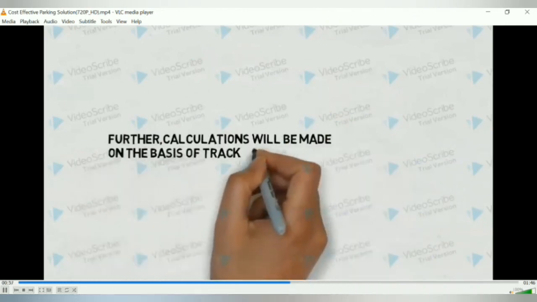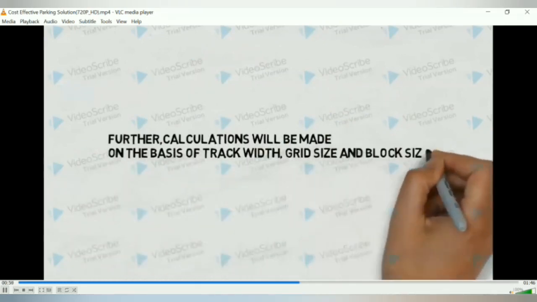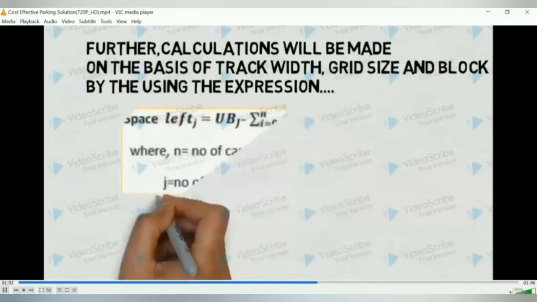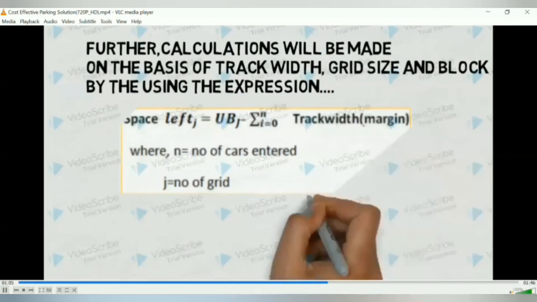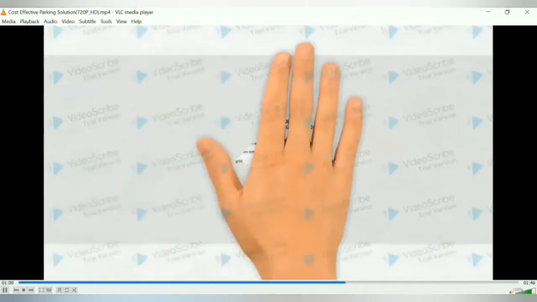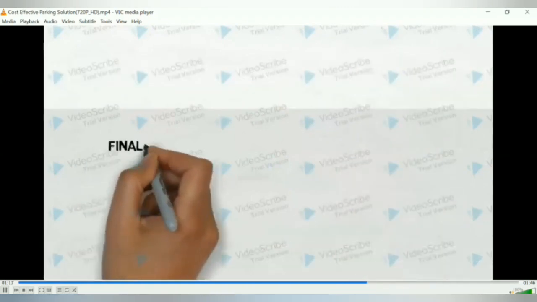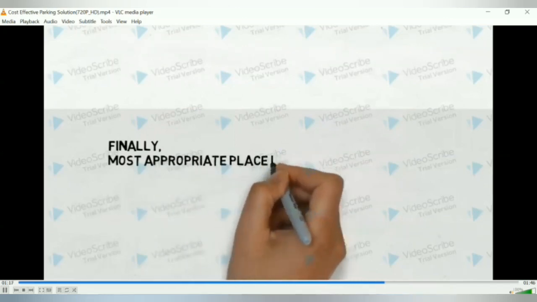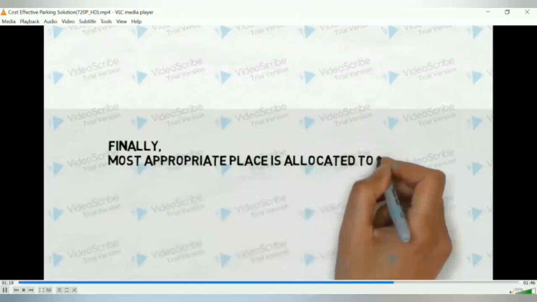Further calculations will be made on the basis of the track width, grid size, and block size by using the expression for space left, taking the track width and calculating the space left in the grid. Finally, the most appropriate place is allocated to the vehicle.